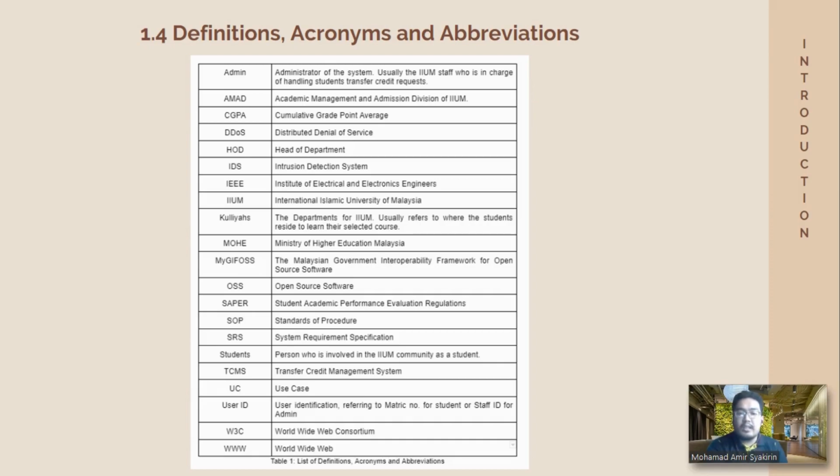IDS is intrusion detection system. IEEE is the Institute of Electrical and Electronics Engineers. IIUM is International Islamic University Malaysia. Kuliyyah is a department of IIUM, for example KICT. And MOHE is the Ministry of Higher Education in Malaysia.